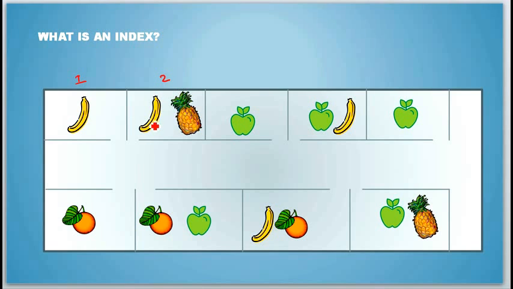In classroom 2 we have a banana and pineapple, and then in 3 we have an apple. So these are things which are in 4, 5, 6, 7, 8, 9.